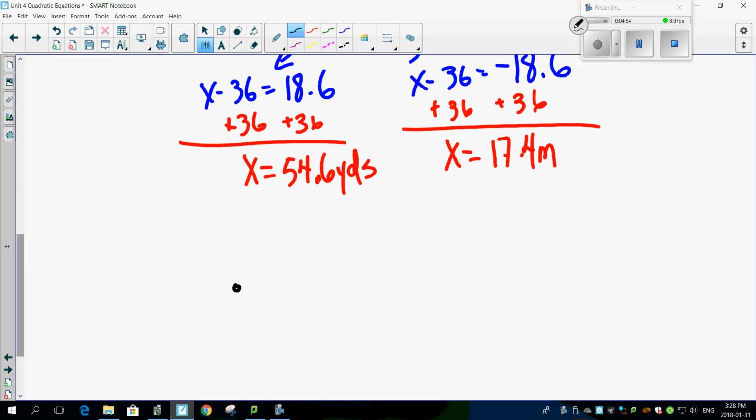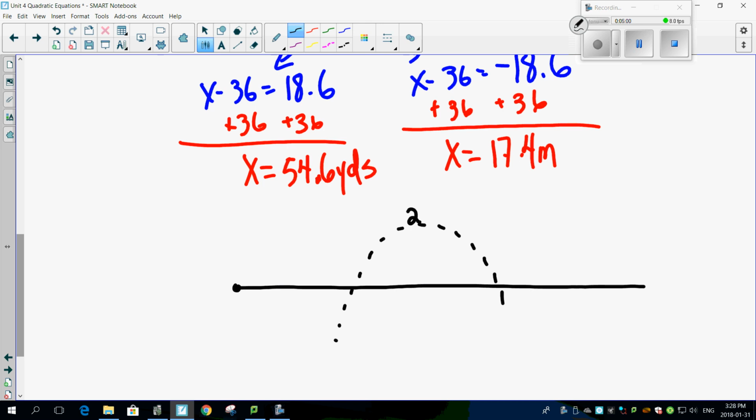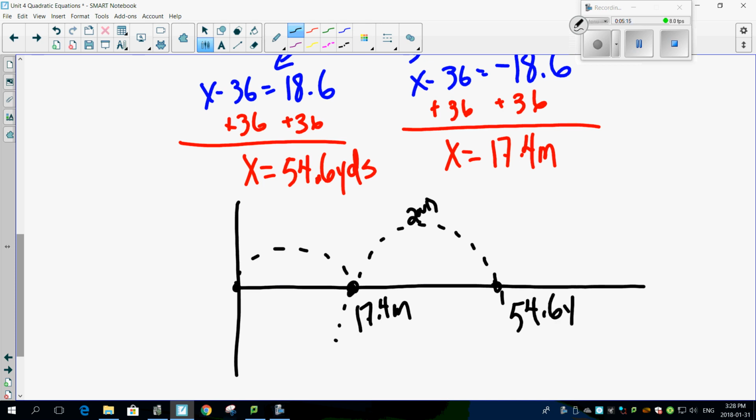Here's the starting point. Here's the parabola in question of his second shot, right? His first shot was this one, right? Okay, here's where he started. So think about it. That's intercept 17.4 meters. This is intercept 54.6, oh, not meters, sorry, yards. 54.6 yards.